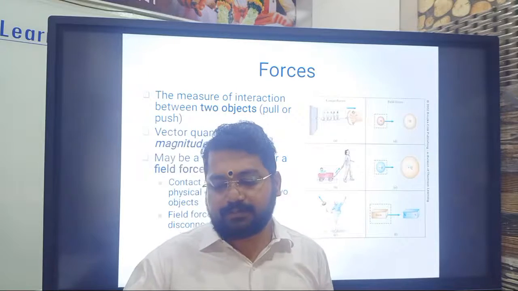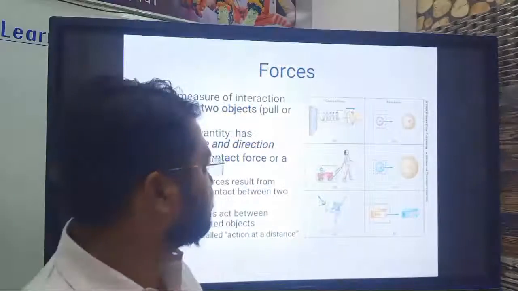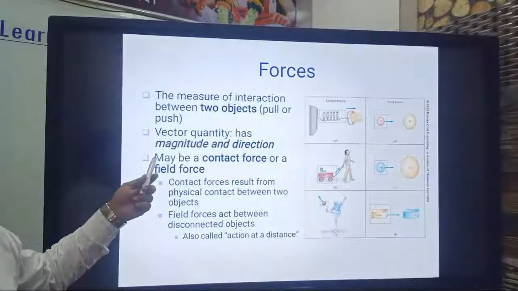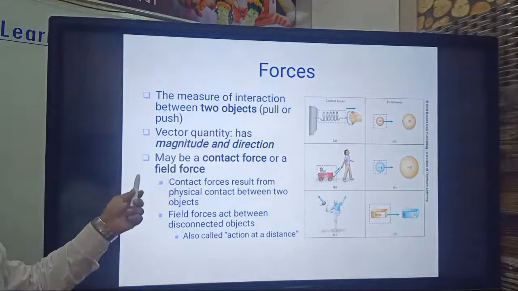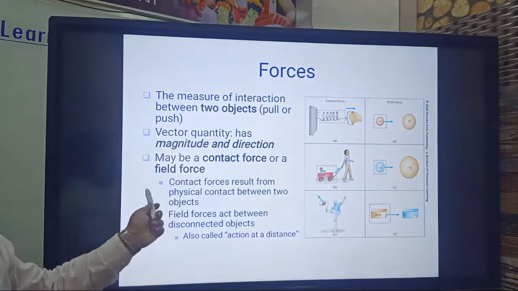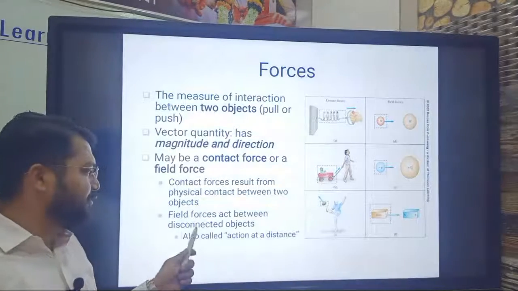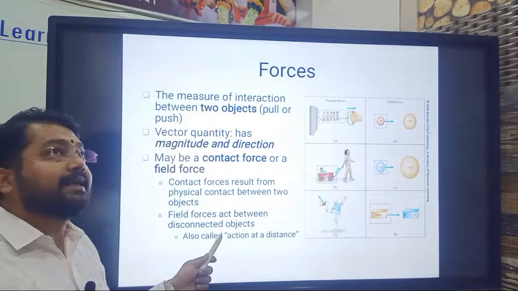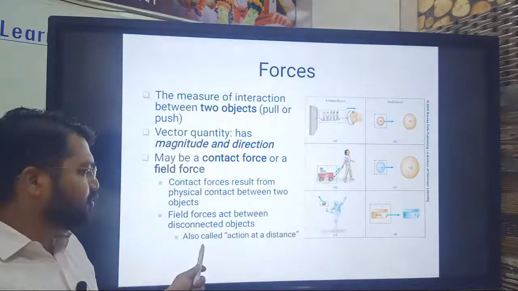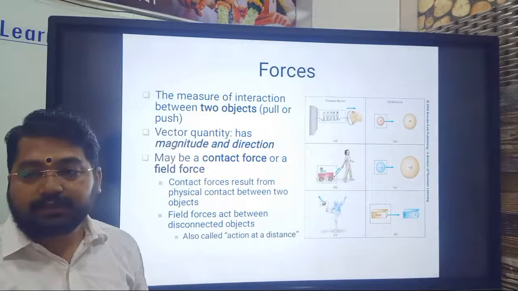Fine. So vector quantity has magnitude and direction, may be contact force or field force. Contact forces result from physical contact, and field forces act between disconnected objects, also called action at a distance.